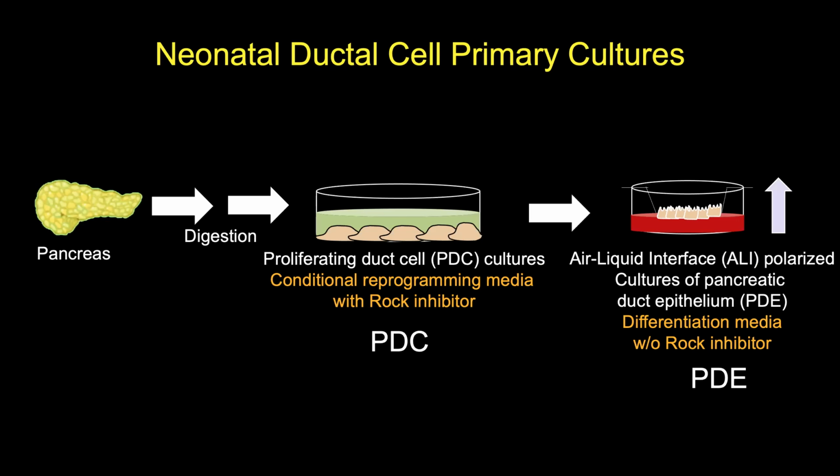These cells were called proliferating ductal cells. These were then later polarized at air-liquid interface to establish the apical and basolateral boundaries, and they were differentiated in the presence of media which does not contain any ROCK inhibitor. And at this stage, these cells were called the pancreatic duct epithelium.